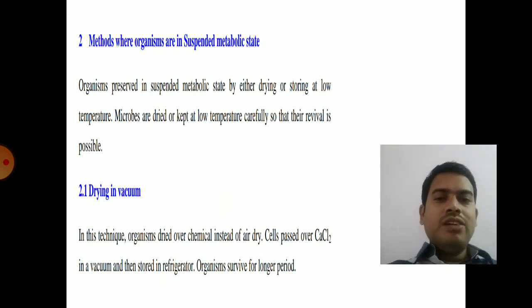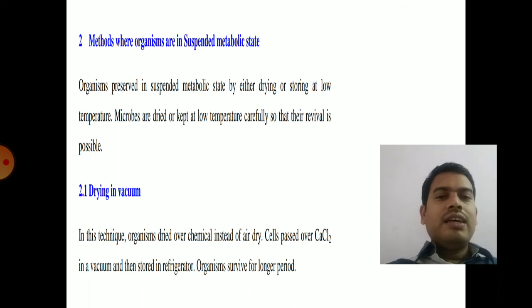So the other methods include drying in vacuum, which are methods where organisms are suspended in a metabolic state. That means the organism is frozen at a metabolic state, and from that metabolic state again you can regain that bacterial species.